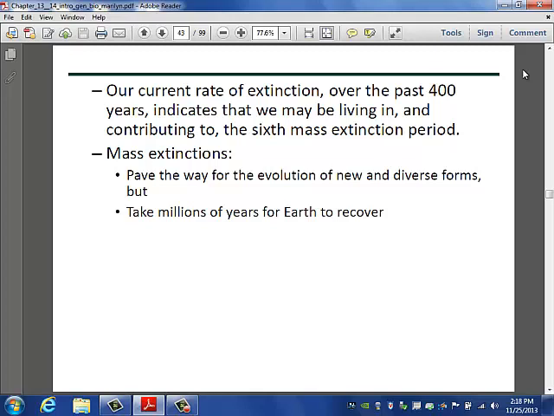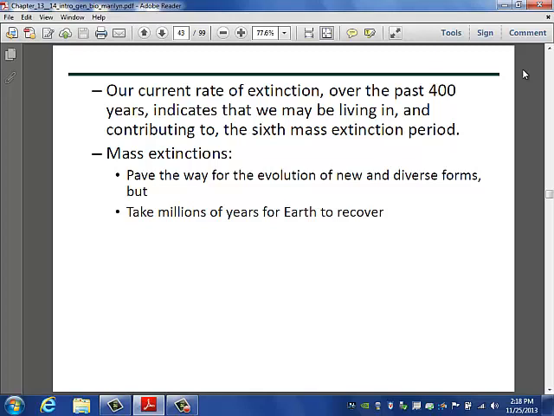So, the current rate of extinction over the past 400 years indicates that we may be living in, and contributing to, the 6th mass extinction period. Give me some examples right off the top of your head of different species that are disappearing. Tigers, pandas, polar bears, black rhinoceros. Yeah, rhinos, that's a very bad one.